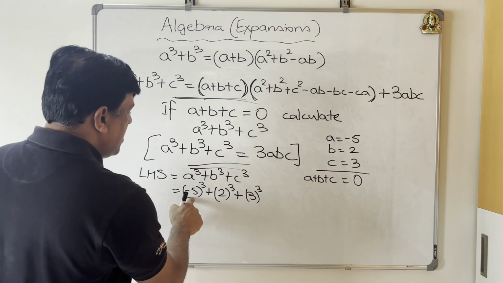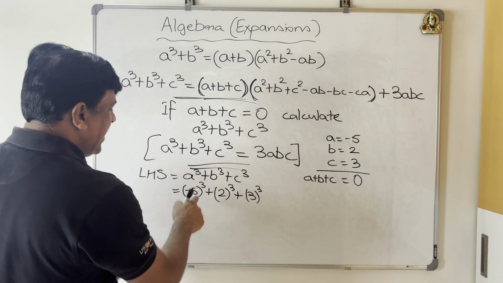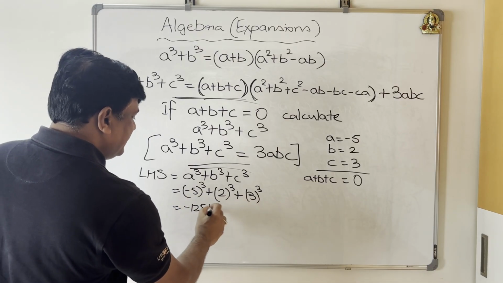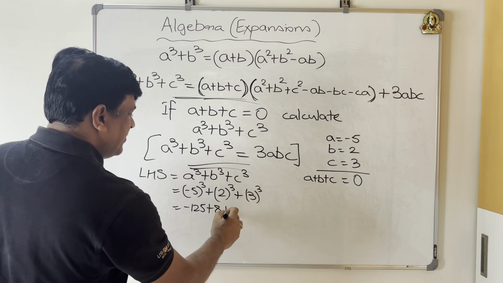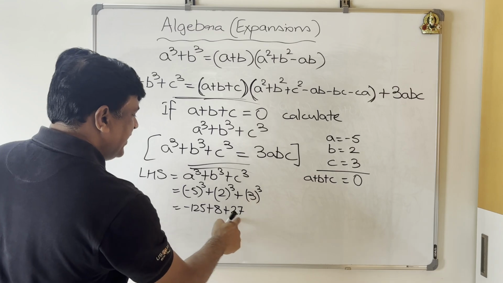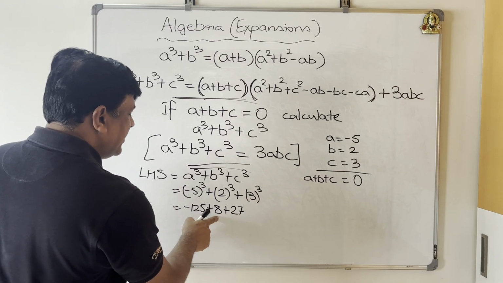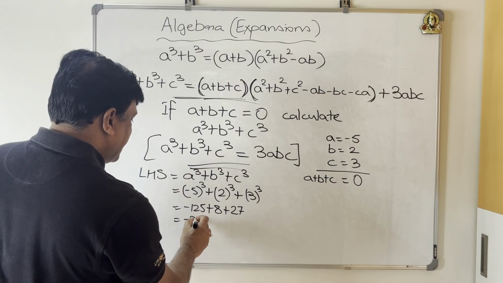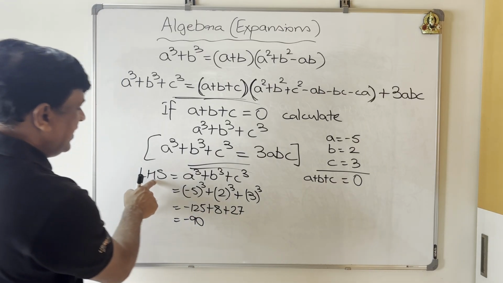What do I get? -5 to the power 3 will give you -125, plus 8, since 2 to the power 3 is 8, plus 3 to the power 3 is 27. 27 plus 8 is 35. So when I remove 35 from here, I get -90 on the left hand side.